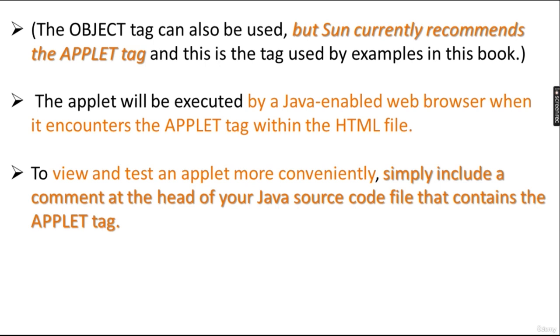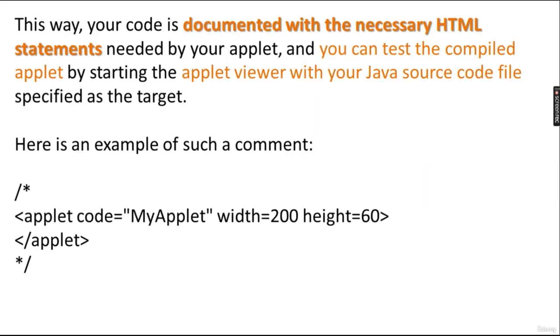To view and test an applet more conveniently, simply include a comment at the head of your Java source code file that contains the applet tag. When you include the applet tag, your program runs more conveniently.